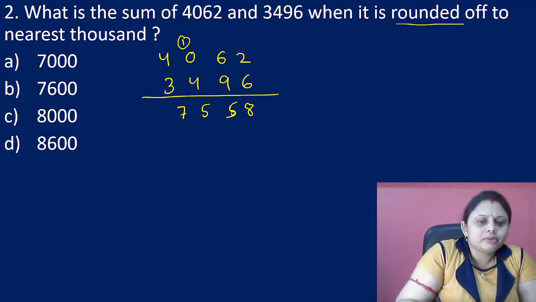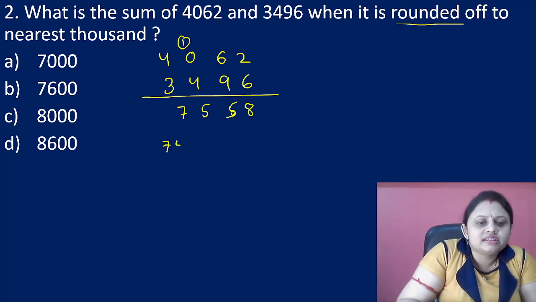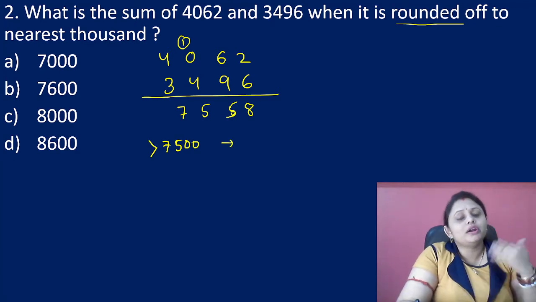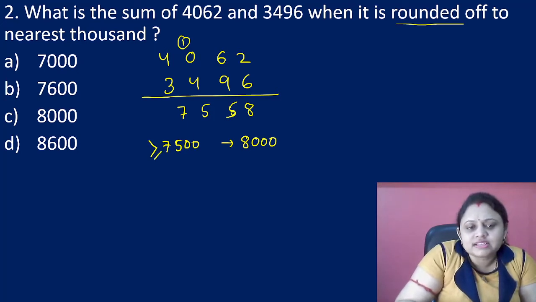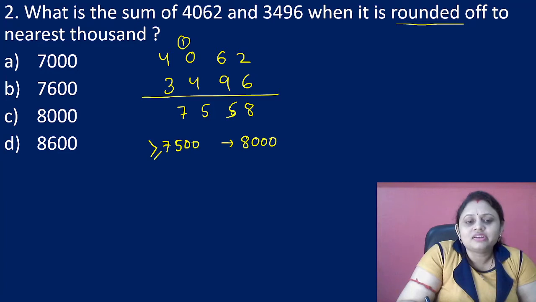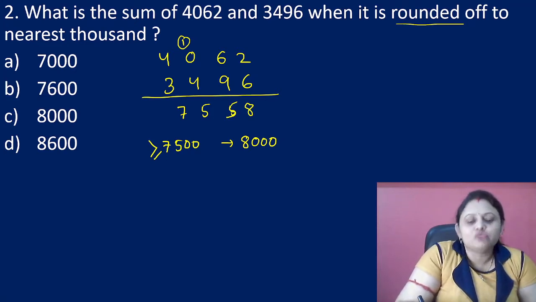Okay bachon, listen to one thing. If a number is greater than or equal to 7500, then when we round it off to the nearest thousand, it will be 8000.